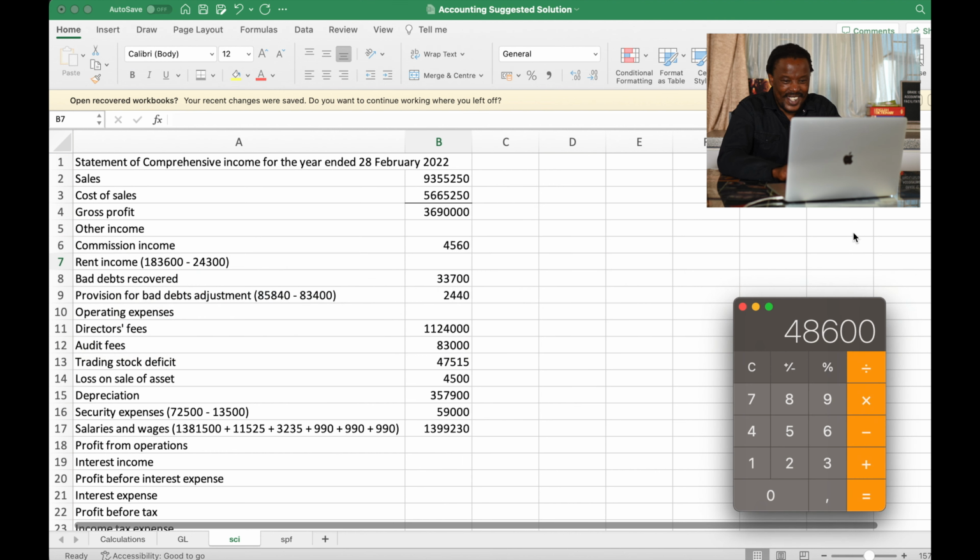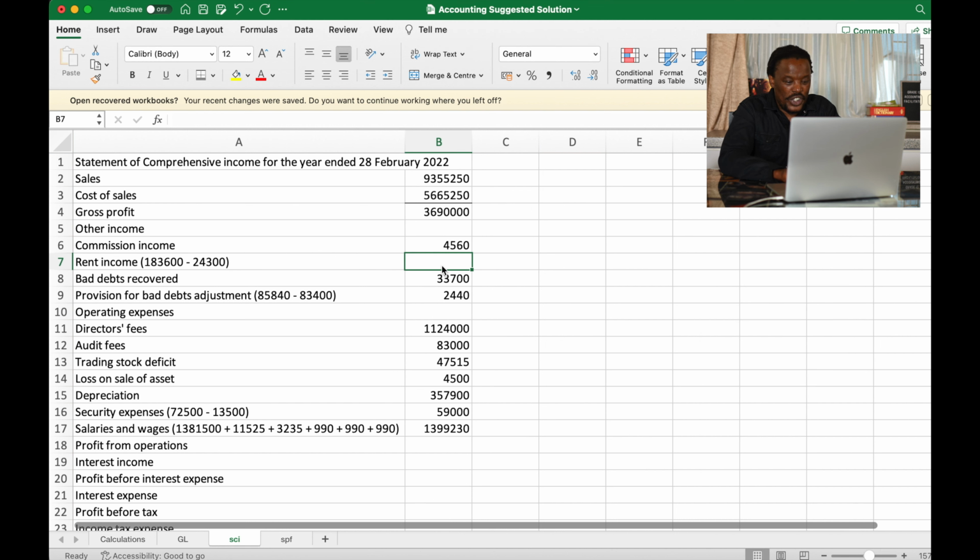Simple and nice. Interesting. 183,600 minus 24,300. You can repeat it if you want, which is 159,300. Simple.